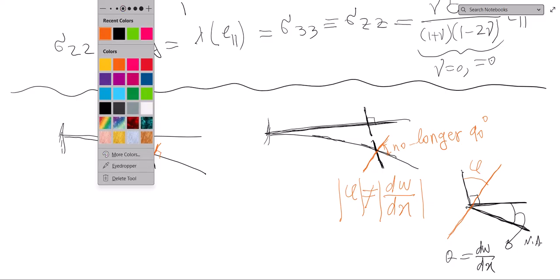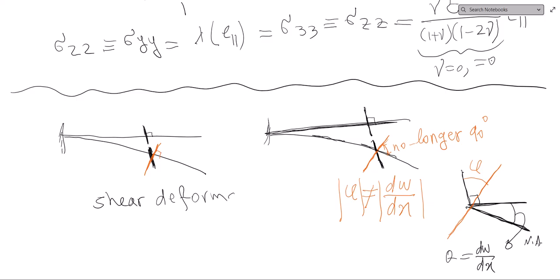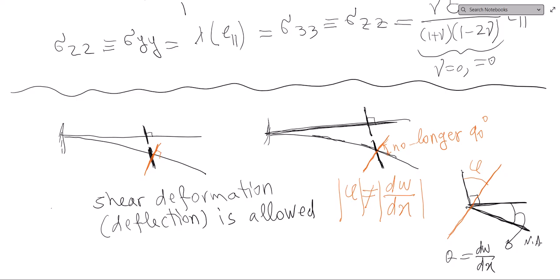So because of this, as we will see, shear deformation or deflection is allowed in the Timoshenko beam.